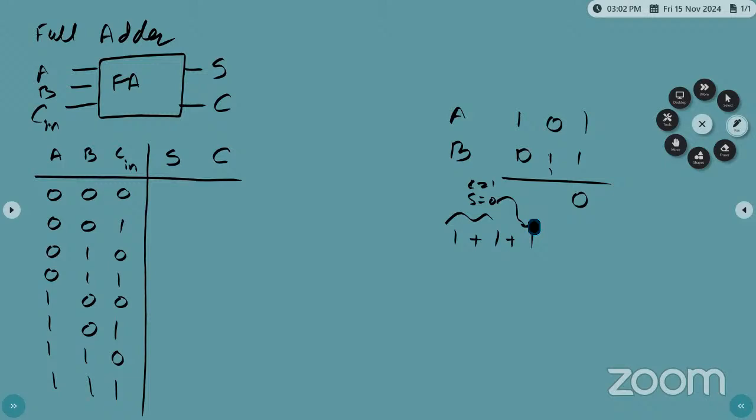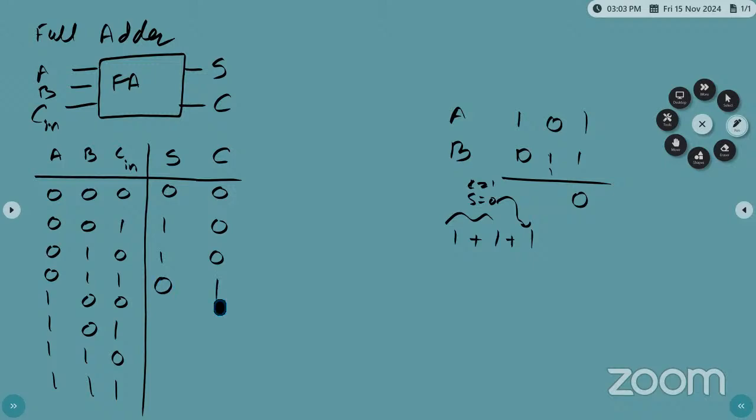Now we can derive the table, complete the table. 0 plus 0 is 0, then sum 0 plus 0, sum 0, no carry. Next 0 plus 0 sum 0, then sum plus 1, no carry. Next 0 plus 1, sum 1, then plus 0, 1 and 0. Next 0 plus 1, sum 1, then sum 1 plus the third one, 1 plus 1, sum 0.